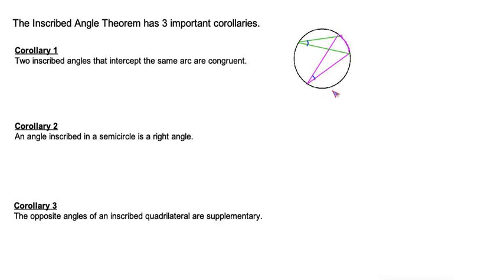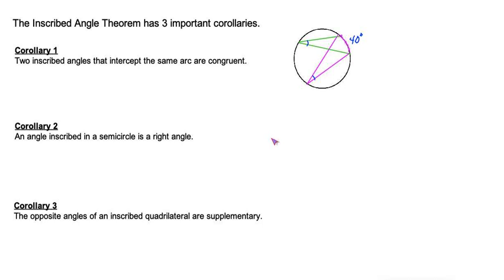Let's say this was a 40-degree arc. If that was a 40-degree arc, the pink angle would be 20 because it's half the measure of its intercepted arc, and the green angle would be 20 because it's half the measure of its intercepted arc. So that concludes corollary 1. Two inscribed angles that intercept the same arc are congruent.